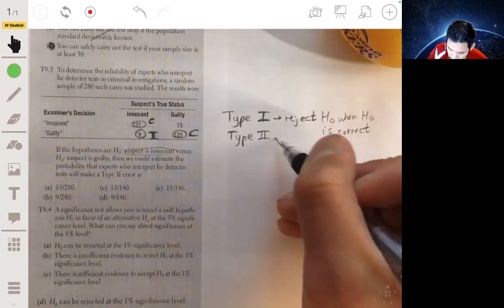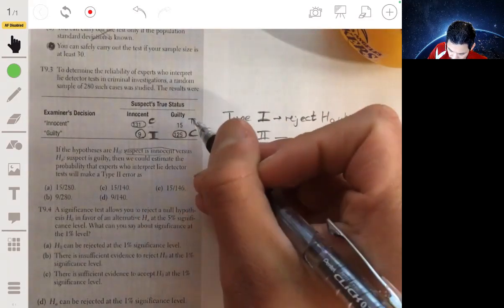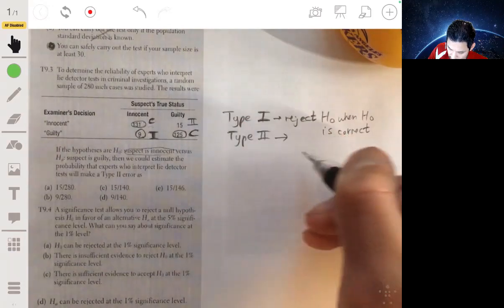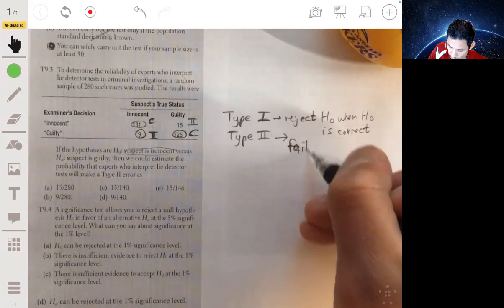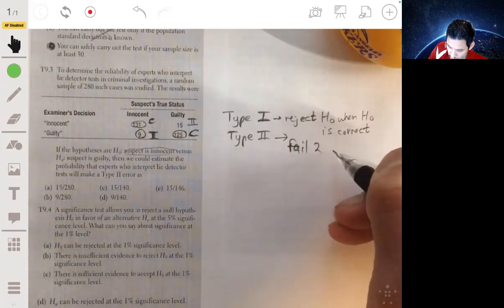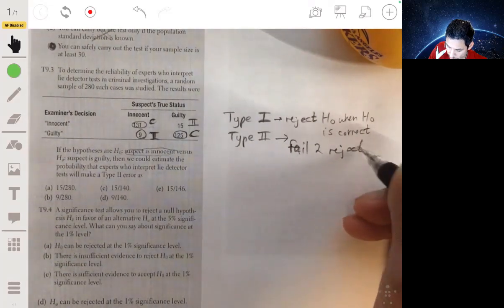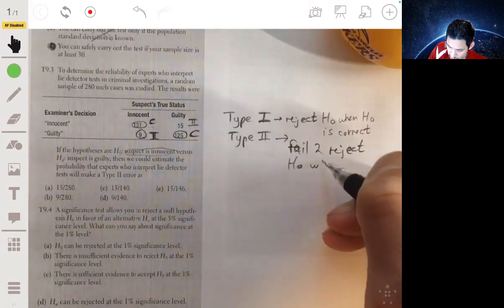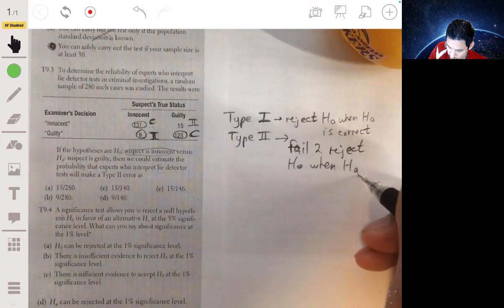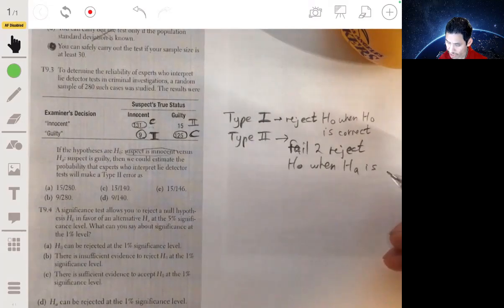And then a type 2 will be this, by process of elimination, but you basically fail to reject H0 when the alternative is true, when HA is correct.